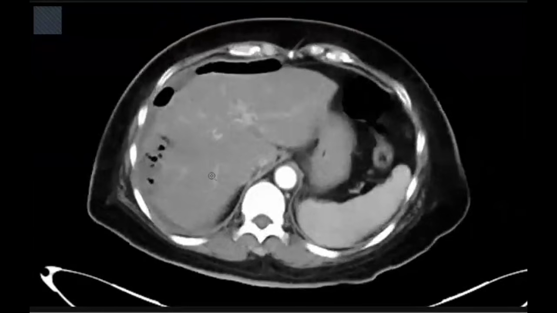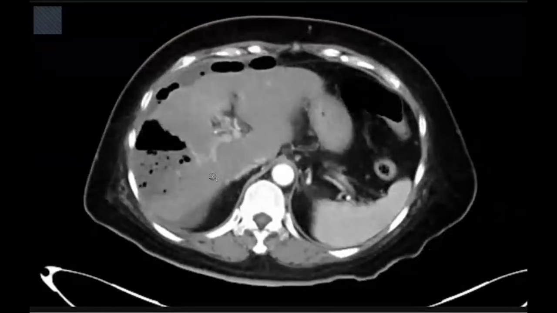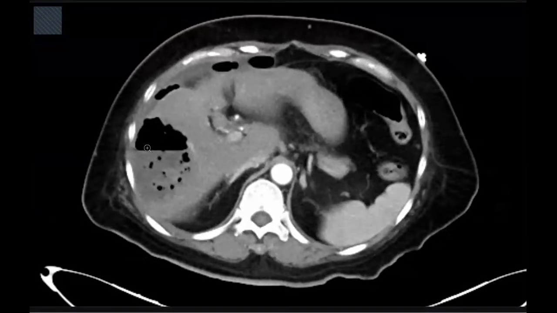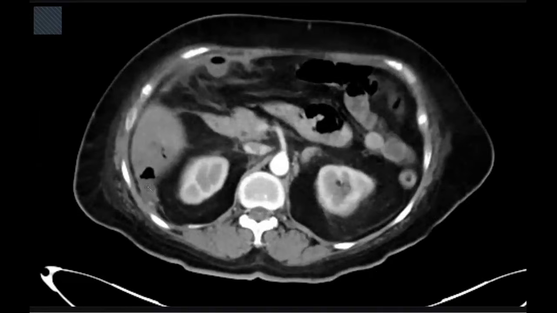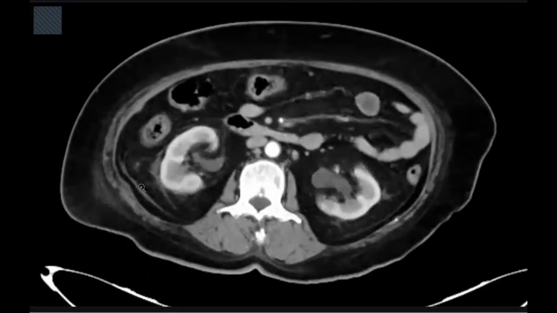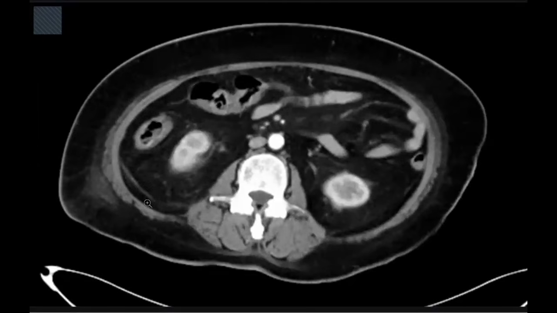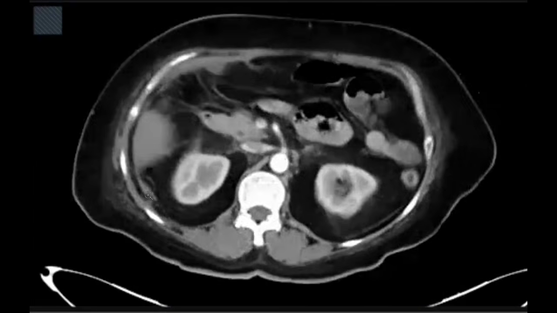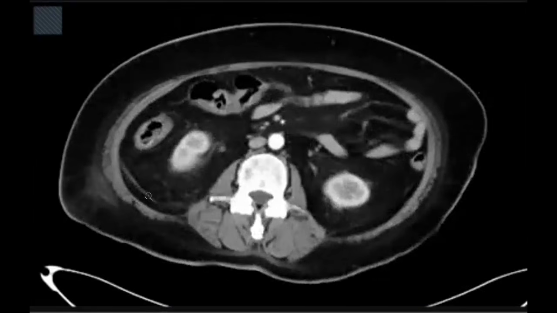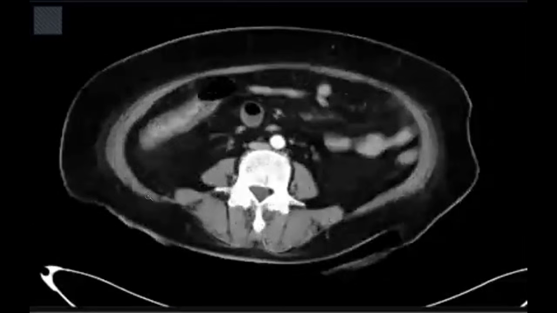Free air is again noted. There is also thickening of the peritoneal lining, suggestive of some element of peritonitis. There is discontinuity of the liver margin at these mottled lucencies inferior to this at segment 6, which is suggestive of a ruptured liver abscess.